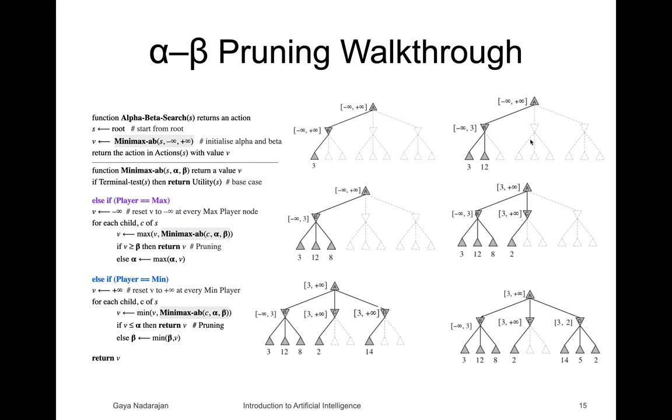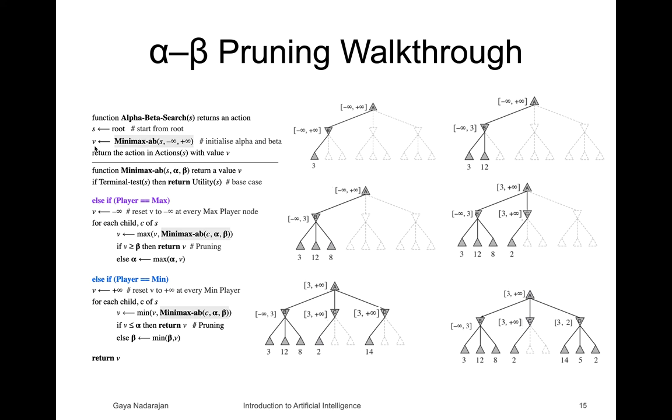And I have taken the example from the textbook, which is exactly the example we looked at just now, just to show a supposedly simple, but not so simple, demonstration. So we start off with our function alpha beta, and we start at the root. So we just initialize S to be the root node, okay?